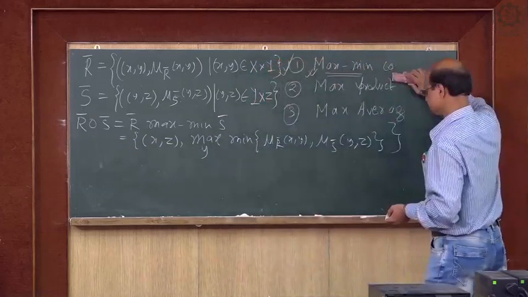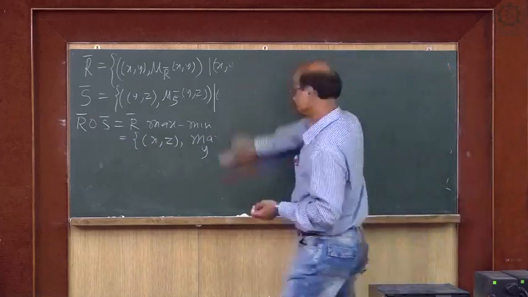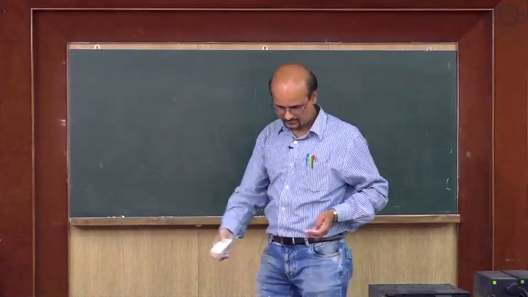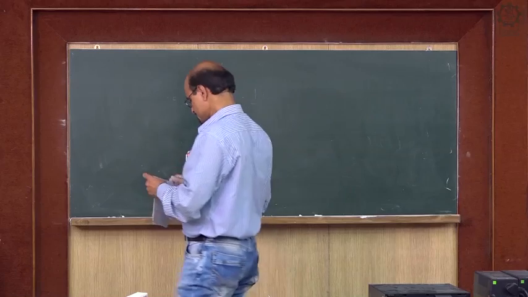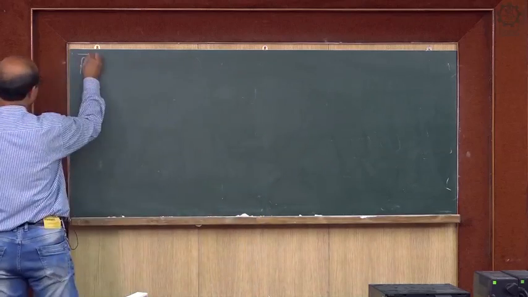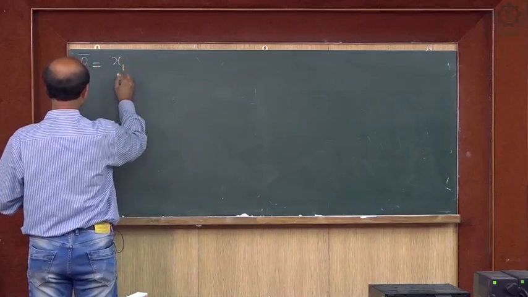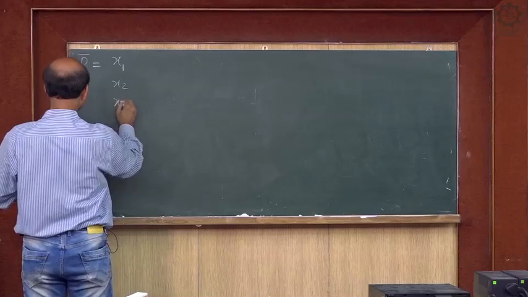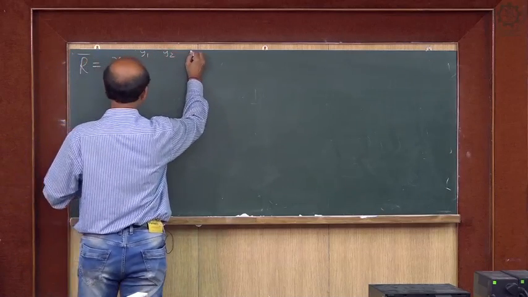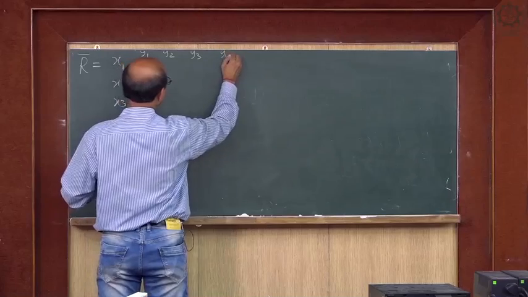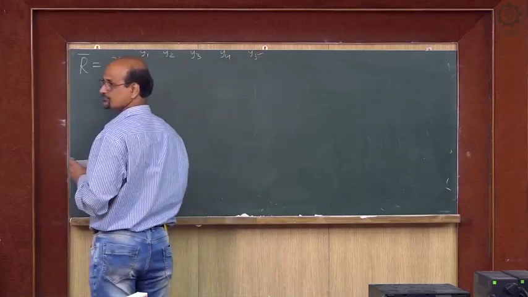That is also very simple. So, let us suppose we have R bar from x1, x2, x3 to y1, y2, y3, y4, y5.